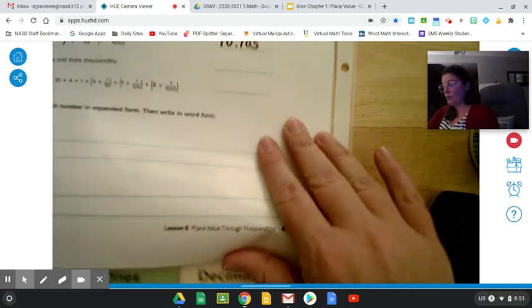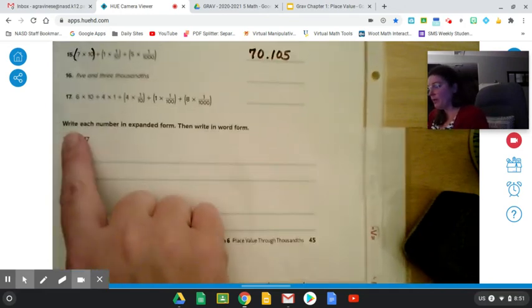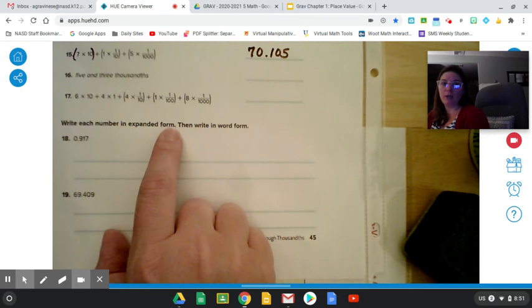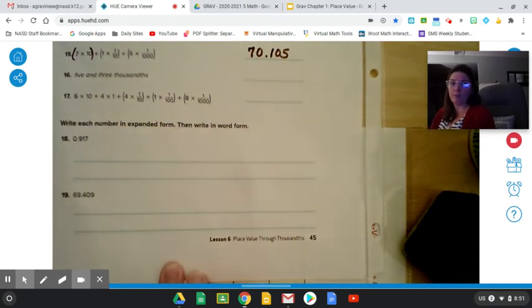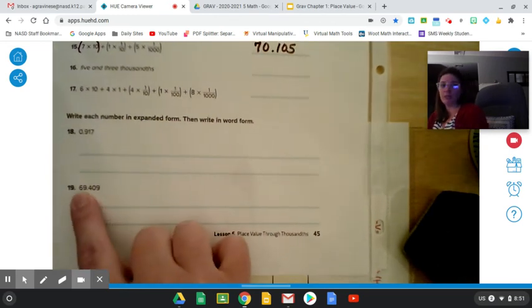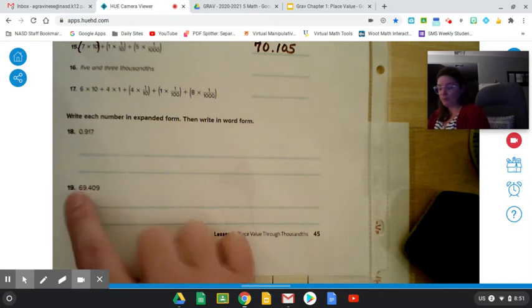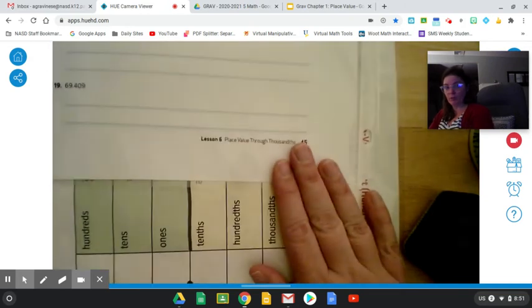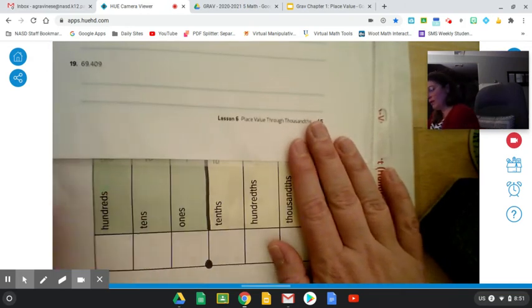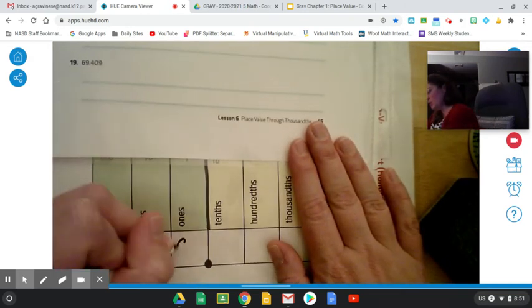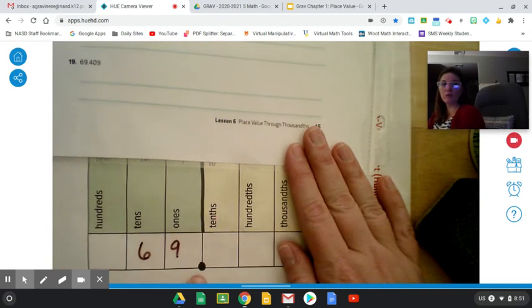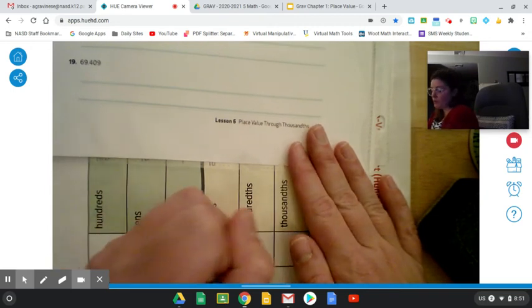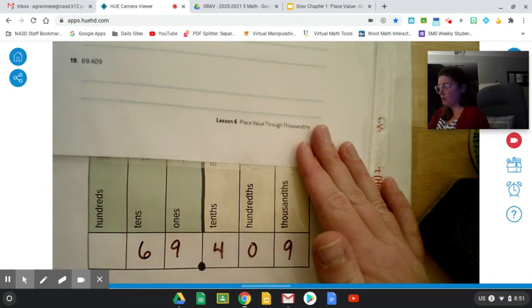All right, let's do one more example. Let's write each number in expanded form and word form. I'm going to jump down to number 19. Let's expand this number. Of course, you know me, I'm going to use my place value chart. To the left of my decimal point was a 6 and a 9. To the right of my decimal point was a 409.